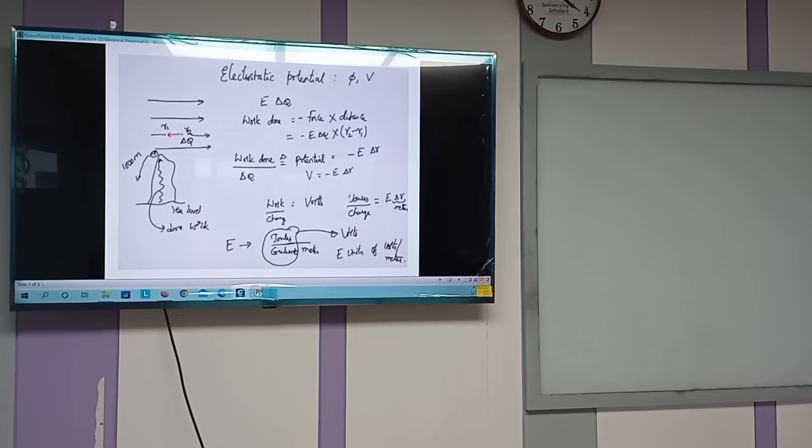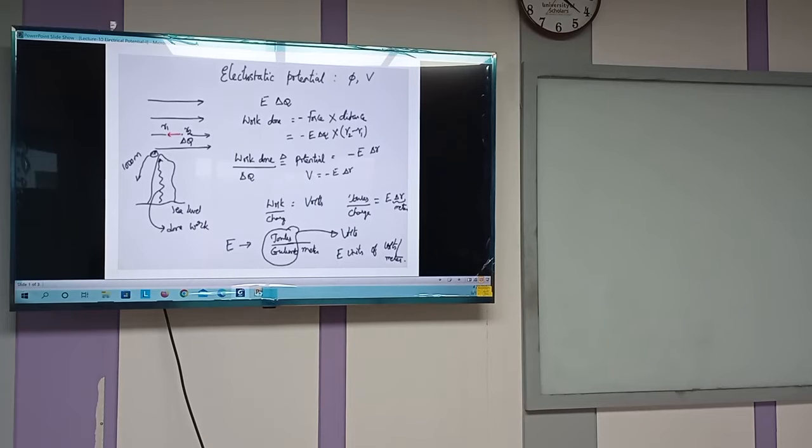I will use V for now, but sometime later I might switch to phi. It does not matter which one you use, both terms are equally used in literature.